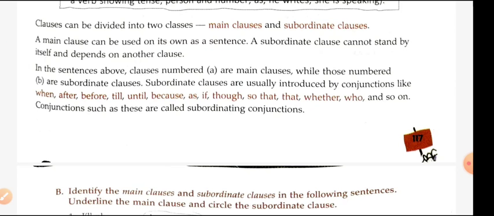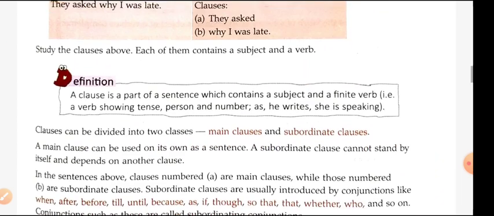Subordinate clauses are usually introduced by conjunctions like when, after, before, till, until, because, as, if, though, so that, whether, who, and so on. Conjunctions such as these are called subordinating conjunctions. Let's check it out once again.